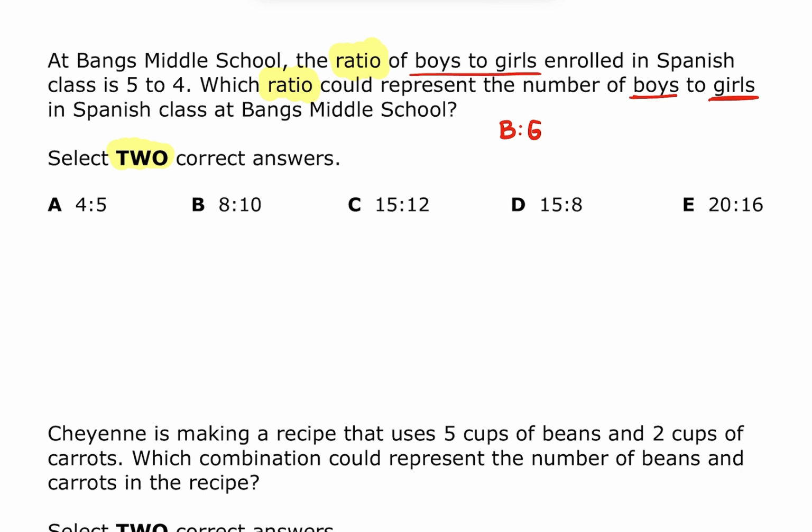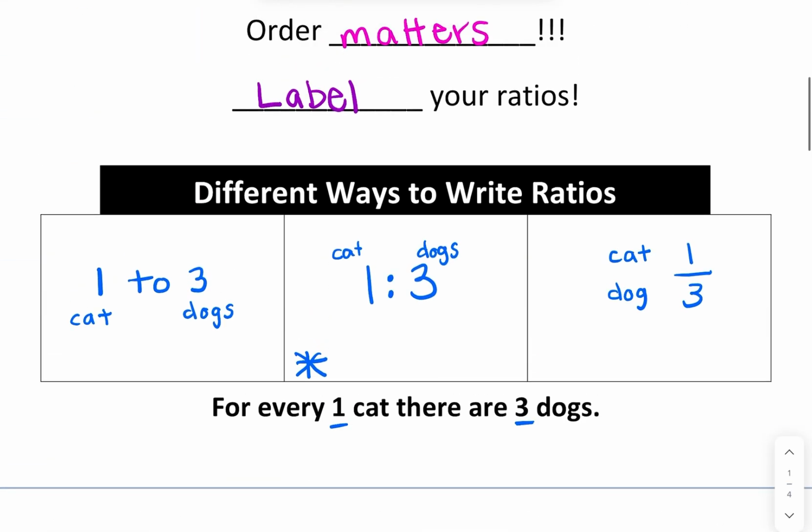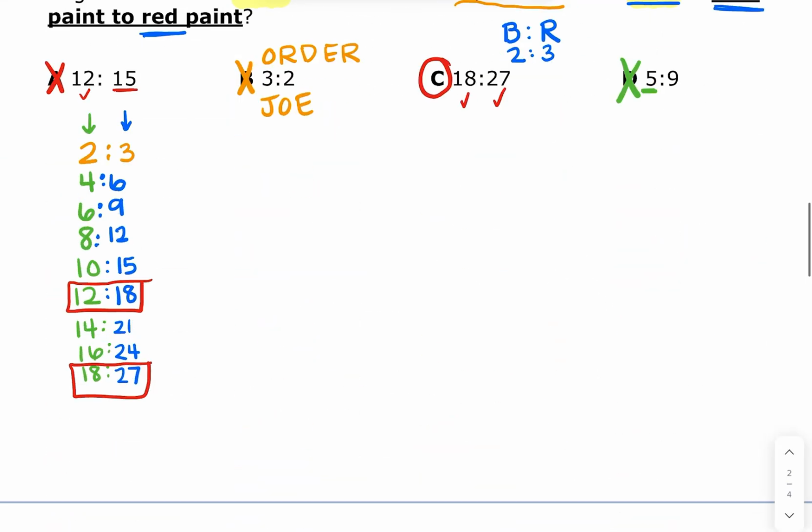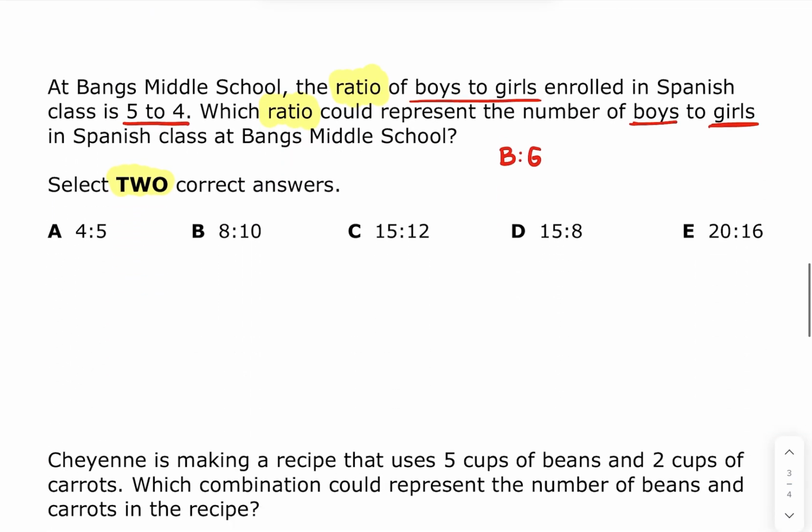So it says the ratio of boys to girls enrolled in Spanish is 5:4. We just talked about we can use that word to show a ratio, okay? So now we're going to match that order. So the first word that we saw was boys, so that first number matches. So boys was first, 5 was first. So how many boys were there?